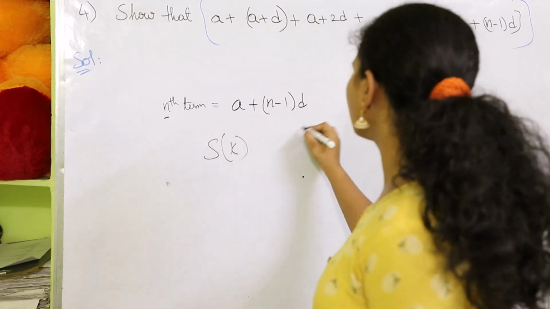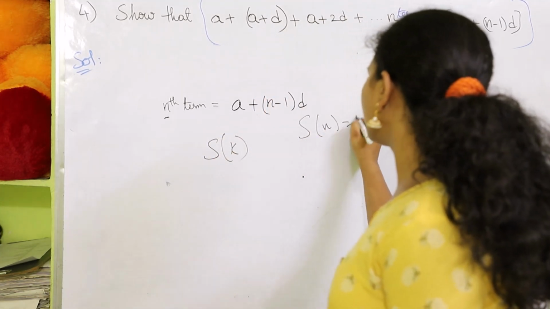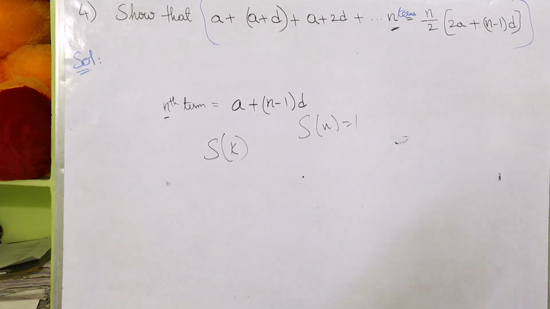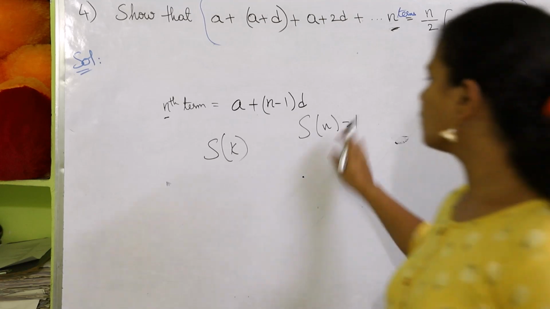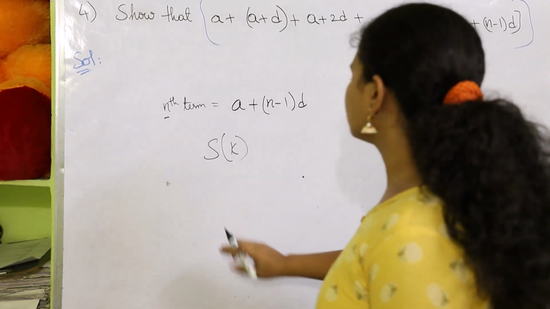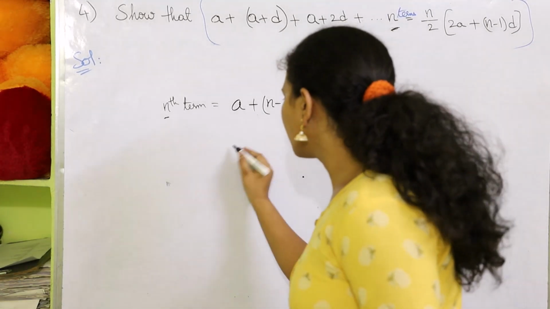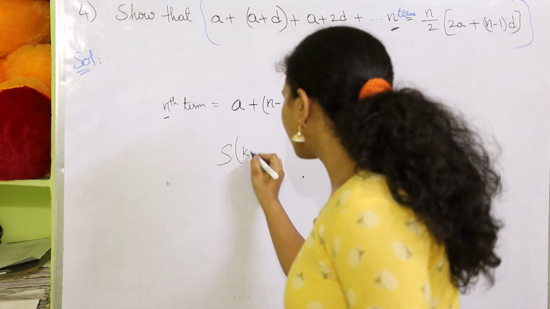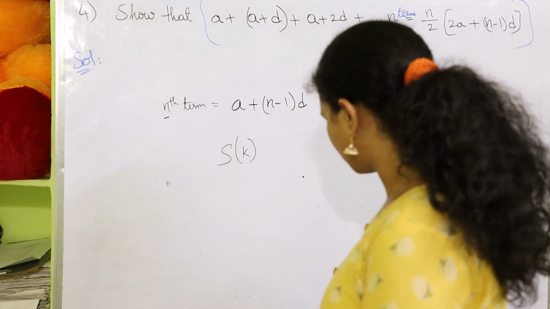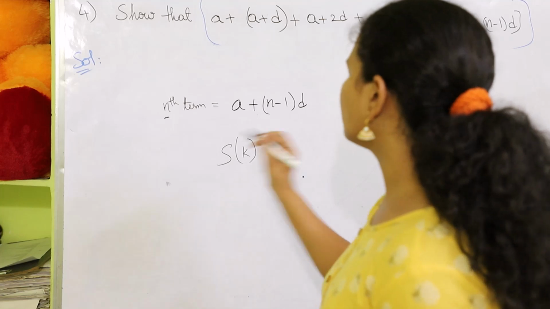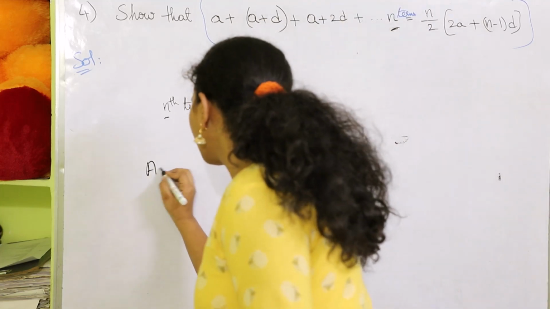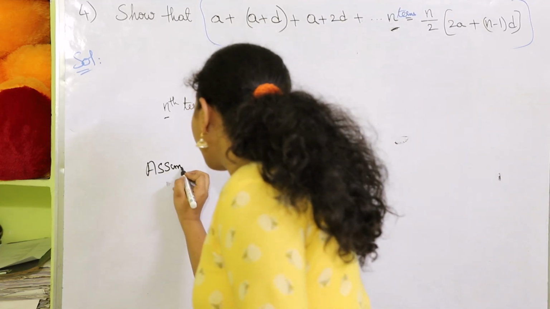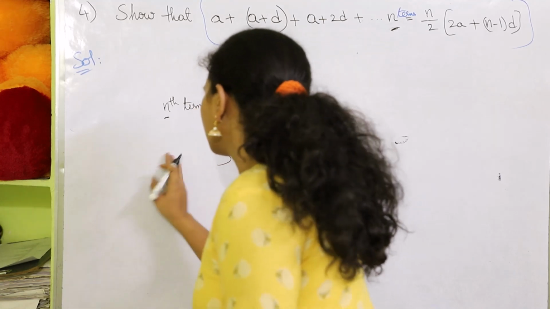The first one we did was S of n with n equal to 1, and we concluded it. Now you consider S of n equal to k, meaning the S of k value. Now you assume, you imagine.